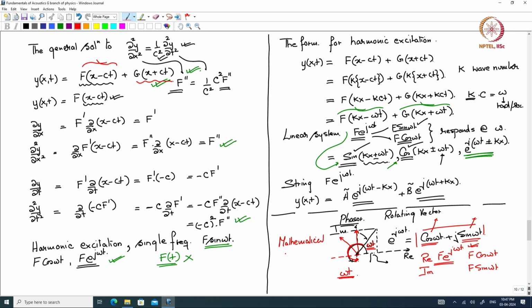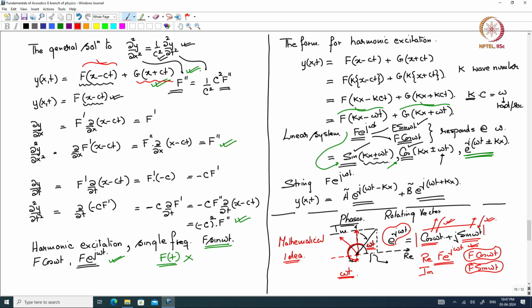By using e to the power j omega t, what I am saying is I am preserving both cosine omega t as well as sine omega t, and as and when I choose I will take the real value or imaginary value, and then I will settle with cos omega t or sine omega t. Okay. Till that point e to the power j omega t is equivalent to cosine omega t or sine omega t.